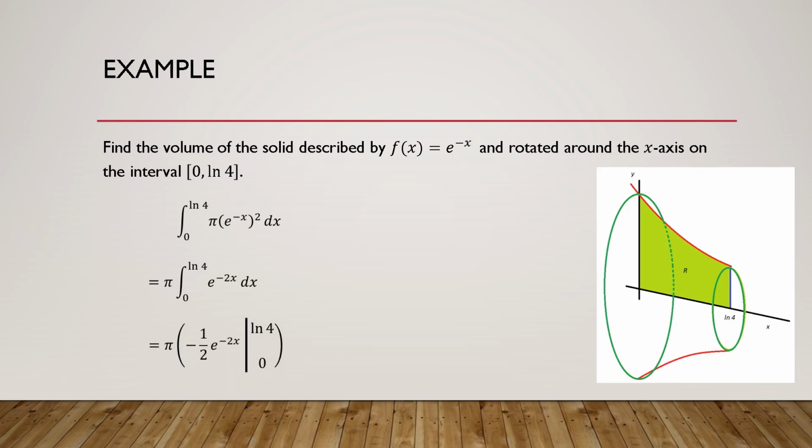We then take the antiderivative, which would be negative 1/2 e to the negative 2x, evaluated from 0 to natural log of 4. The result is pi times the quantity of negative 1 over 32 plus 1/2, which simplifies to 15 pi over 32, or approximately 1.473 cubic units of volume.